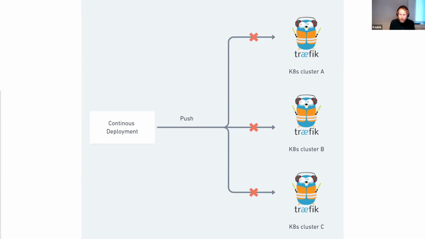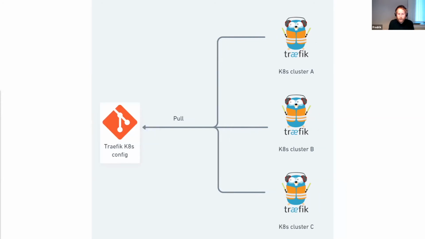You have Kubernetes clusters on boats, for example, where you're at sea and maybe don't have internet access, but you want those clusters to pull the changes and apply them once they do have internet access, instead of having something trying to push every single time. So you're moving from continuous pushing to having them pull those changes instead.